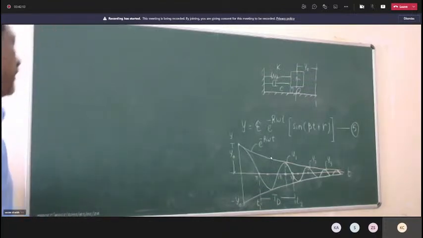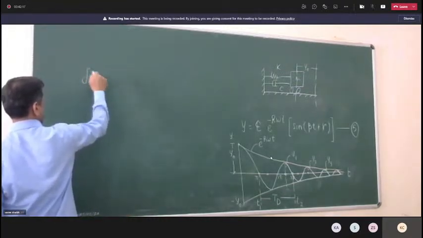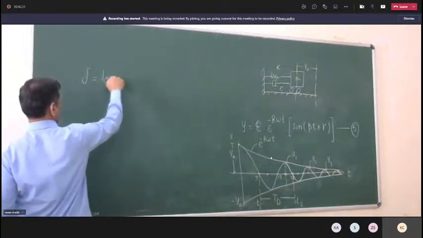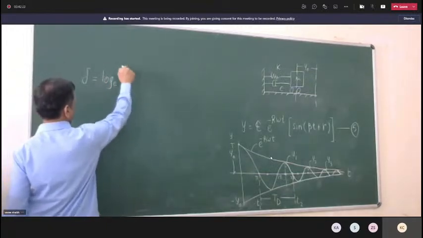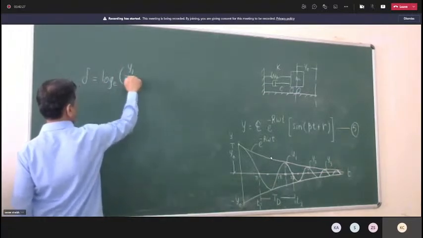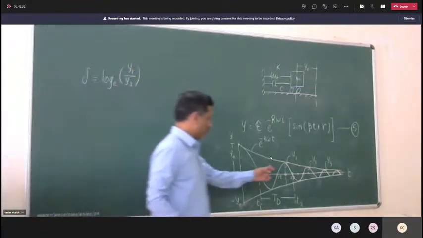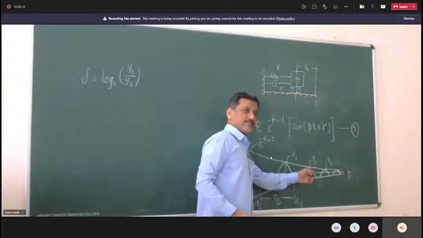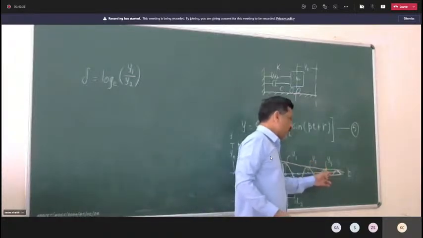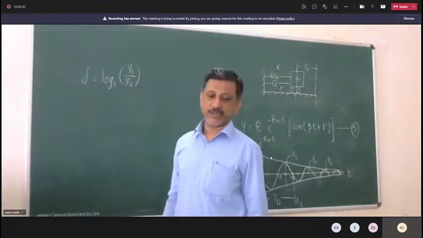Now logarithmic decrement delta is defined as the natural log, that means log to the base e, of the ratio of two successive peak amplitudes, y1 upon y2 on the same side, or y2 upon y3 on the same side, positive side. That is called logarithmic decrement.